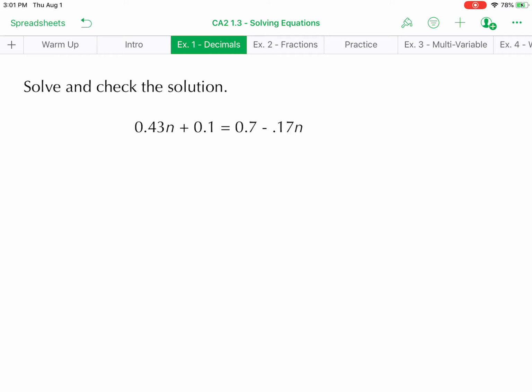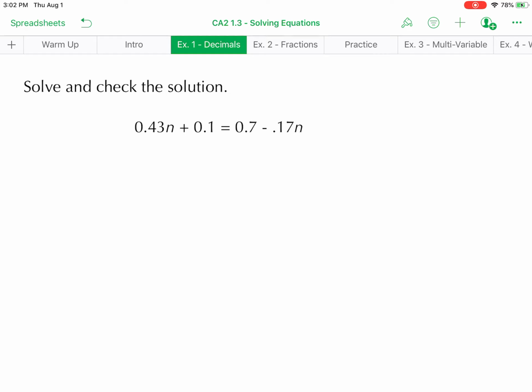Now understand what an equation is first of all. It's basically where you're taking two expressions and you're setting them equal to each other. You're trying to figure out what value for the variable makes the two equivalent. Now I think we can all agree that decimals are not our favorite to work with. We would prefer an equation to not have decimals in it.